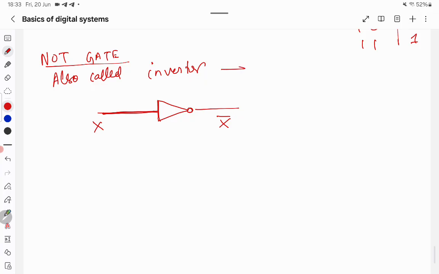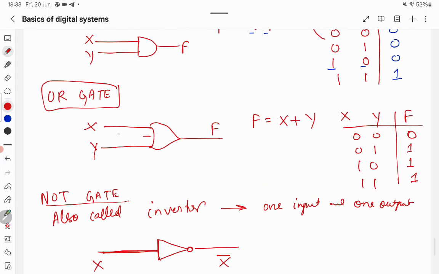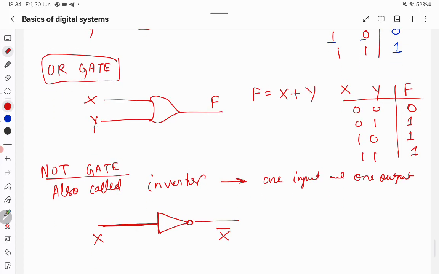So for the NOT gate or the inverter, there is one input and one output. The rest can have 2, 3 inputs, anything. Minimum is 2 and maximum it can be 3, 4, 5, whatever.